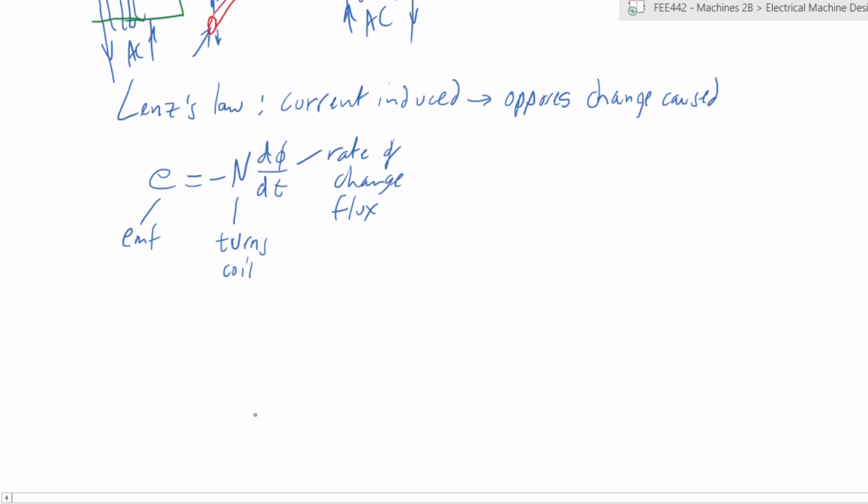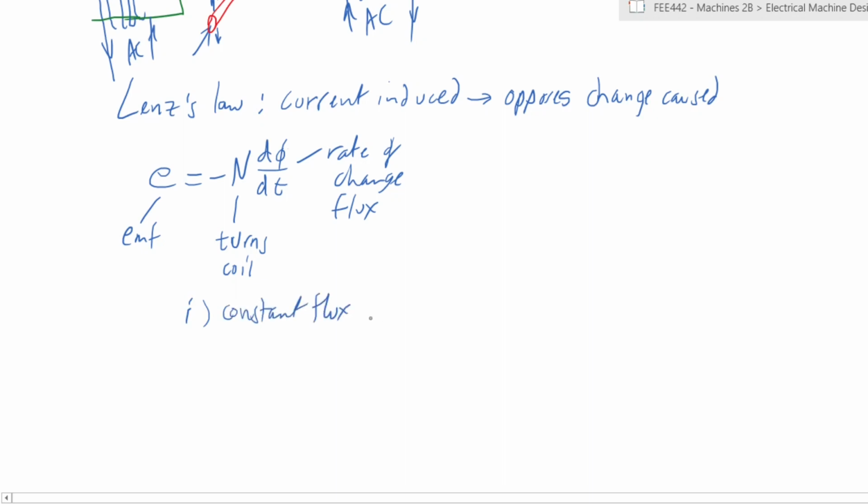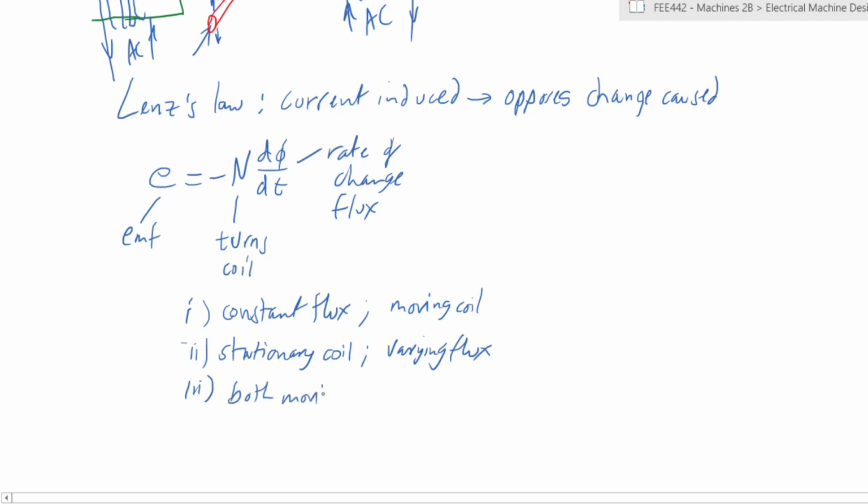So by the principle of induction, you can have three possible configurations. Either you have constant flux and a moving coil, or you have a stationary coil and varying flux, or you have both a moving coil and a varying flux.